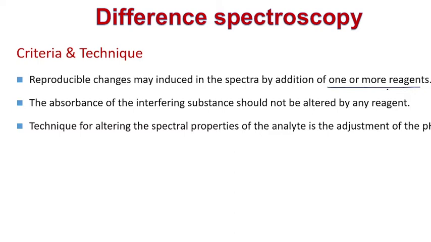And the technique for altering the spectral properties of the analyte is the adjustment of the pH. There are of course other ways, but the simplest way is to adjust the pH and get reproducible changes. Now we'll utilize this theory and see how we can do the practical.